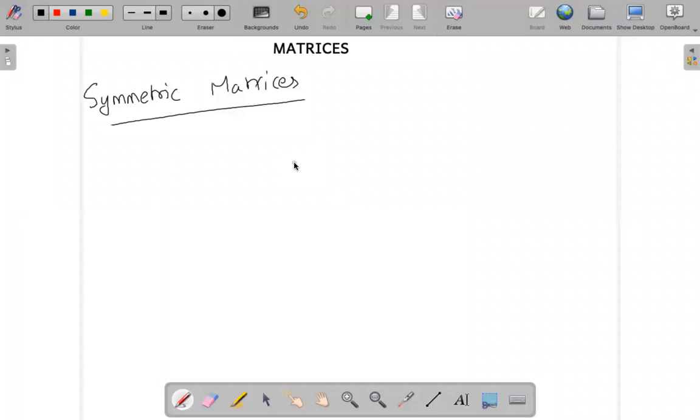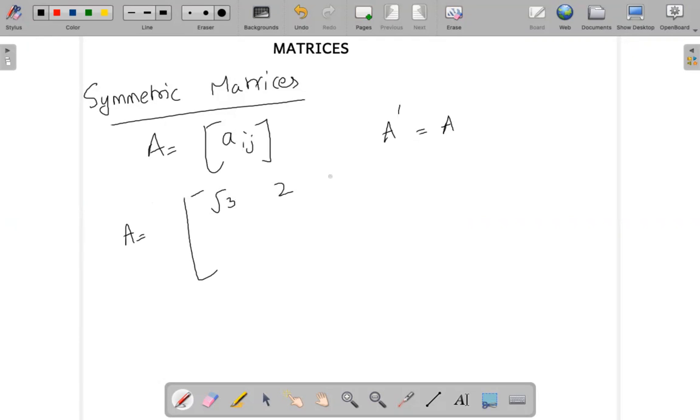Let us understand what is a symmetric matrix. A square matrix Aij is said to be symmetric if A prime is equal to A. That is, suppose I have A as root 3, 2, 3, 2, minus 1.5, minus 1, 3, minus 1 and 1.